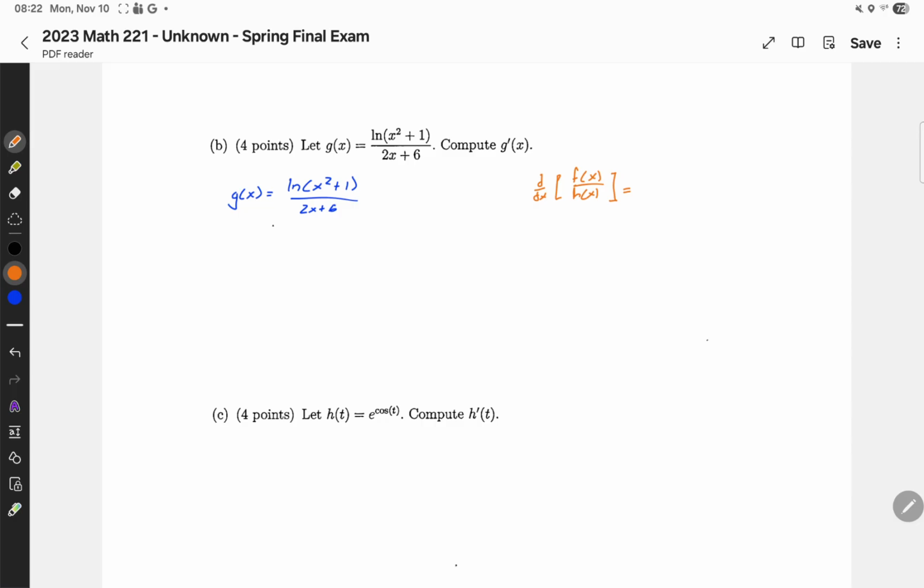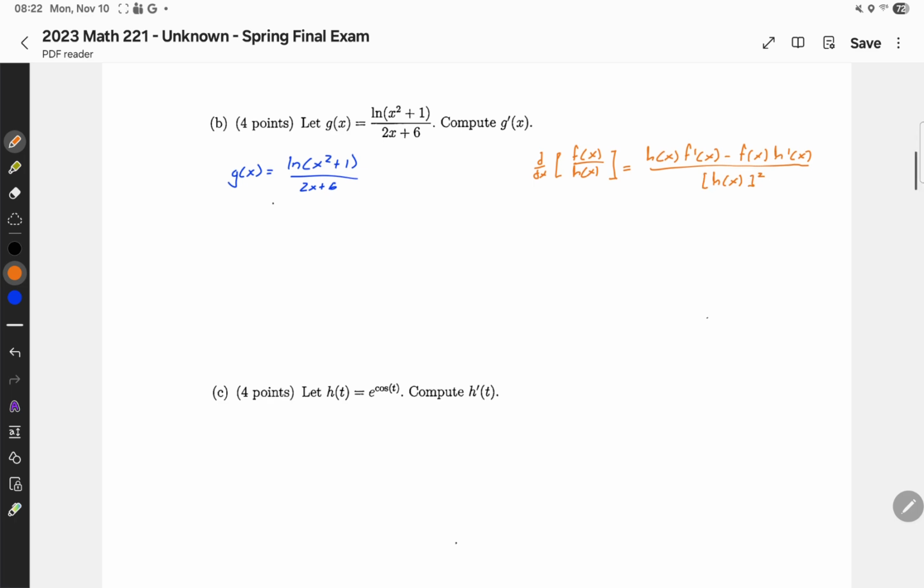That is going to be equal to the bottom times the derivative of the top minus the top times the derivative of the bottom, all over that bottom term squared, just like that.